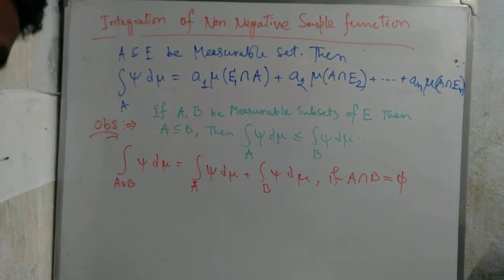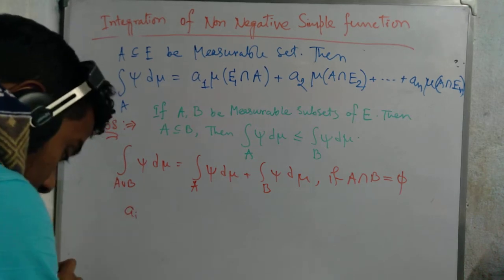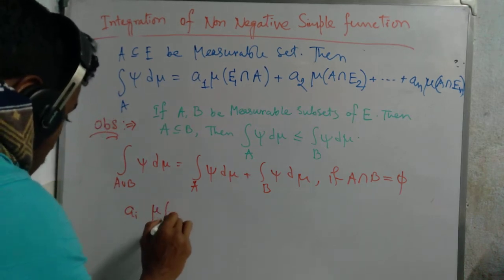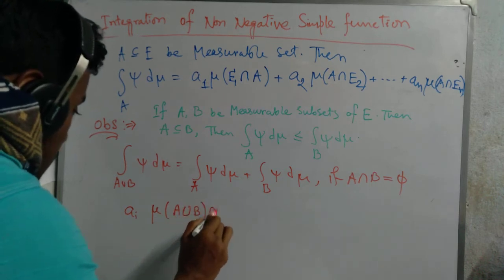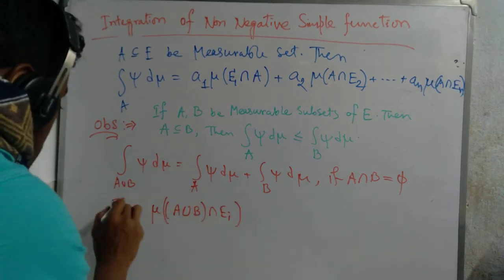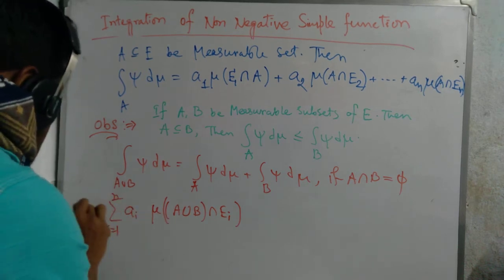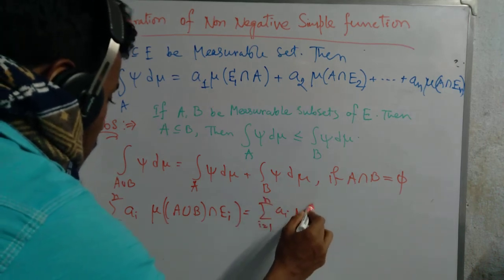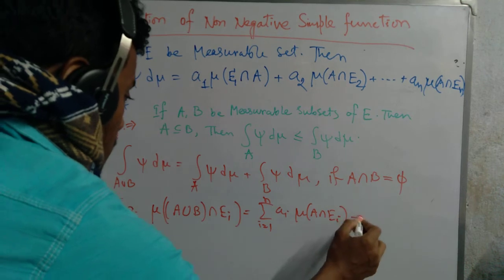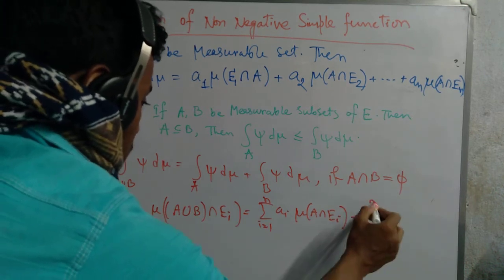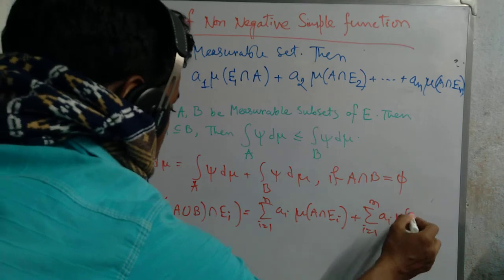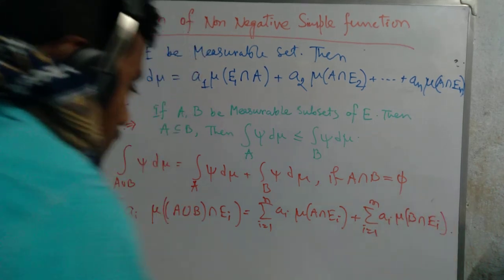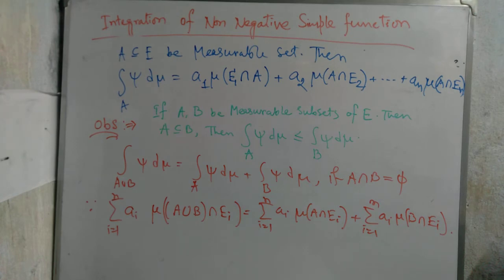We write in this way: summation i equal to 1 to n of ai mu of (A union B) intersection Ei, which equals summation i equal to 1 to n of ai mu of (A intersection Ei) plus summation i equal to 1 to n of ai mu of (B intersection Ei).